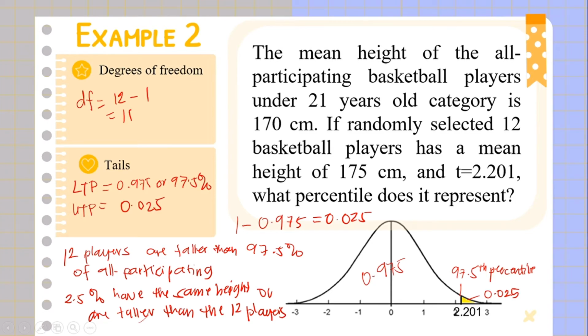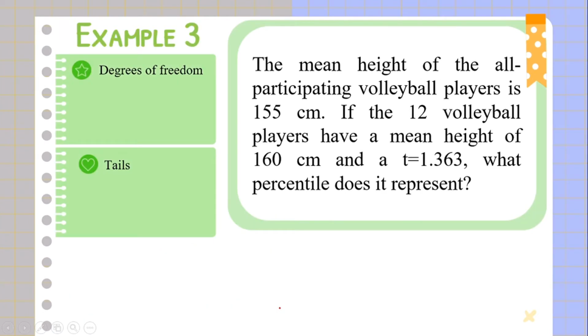Okay, so let's have another example. The mean height of all participating volleyball players is 155 centimeters. If the 12 volleyball players have a mean height of 160 centimeters and a t-value of 1.363, what percentile does it represent? First, again, solve for the degrees of freedom.